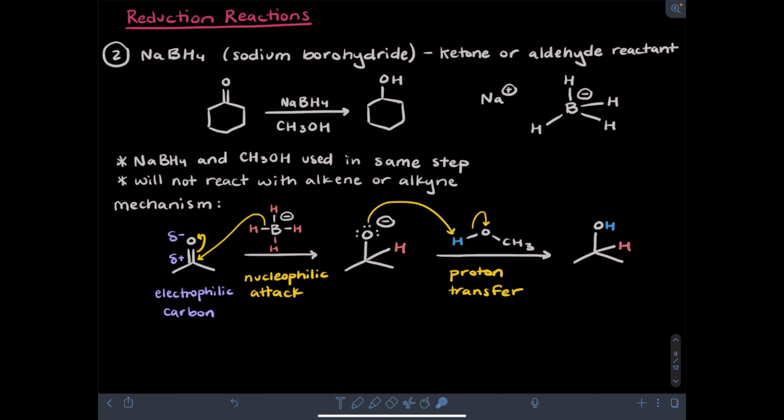This step forms the oxygen-hydrogen bond of the final product. So in this reaction, I've generated a new carbon-hydrogen bond and a new oxygen-hydrogen bond. The hydrogen attached to carbon came from the BH4- nucleophile, and the hydrogen attached to oxygen came from the solvent, acting as an acid.